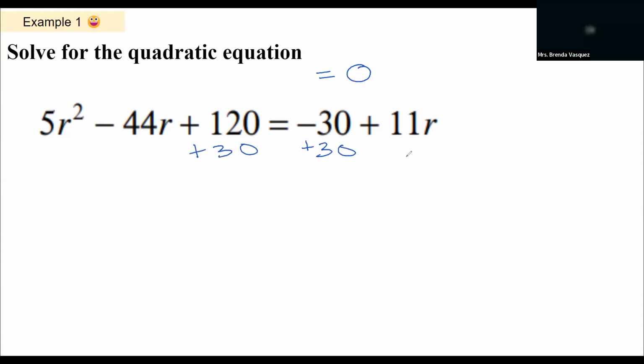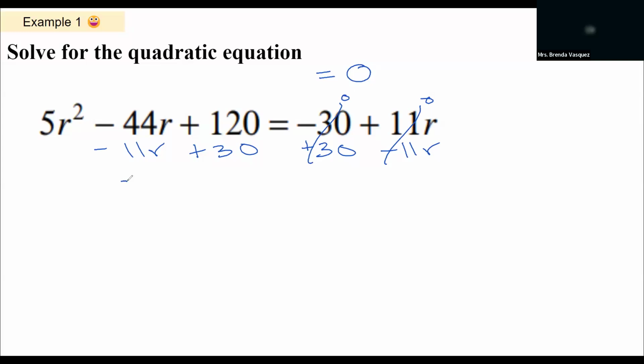and subtract 11r. Make sure you apply it to the corresponding term, like terms with like terms.